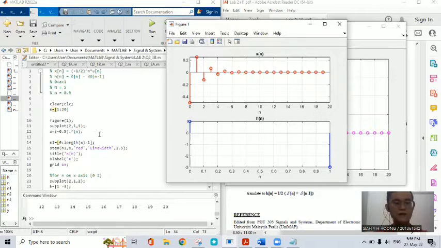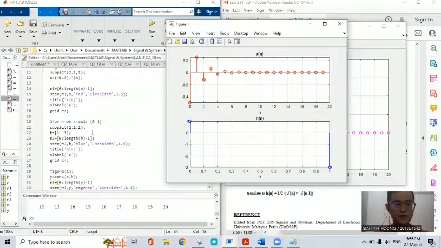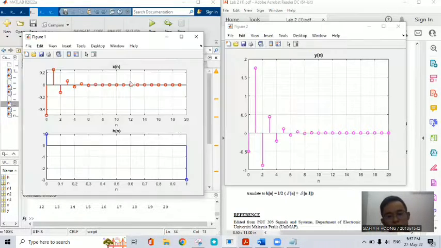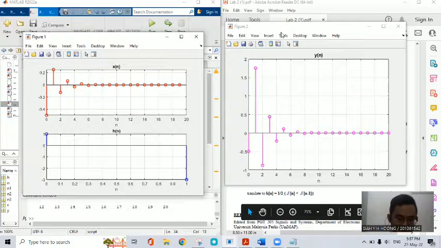For our impulse response, you will have 1 and -3, located at n equal to 0 and n equal to 1. For n equal to 0, I have 1 as magnitude, and n equal to 1 has a magnitude of -3. After both of these two graphs undergo convolution, this result is produced.